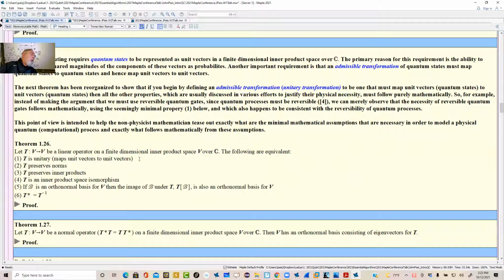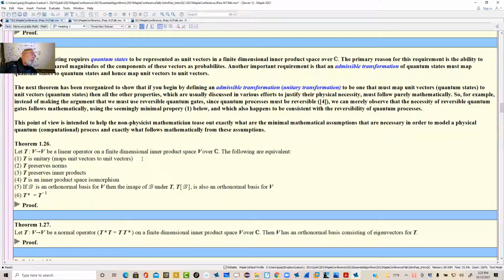Furthermore, physicists have all these postulates that they want to invoke in order to justify using this formalism. Their very first postulate is that they represent the state of one qubit using a vector in C2, a complex inner product space of dimension 2.